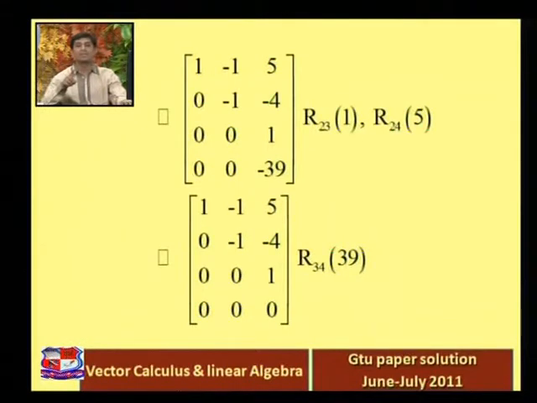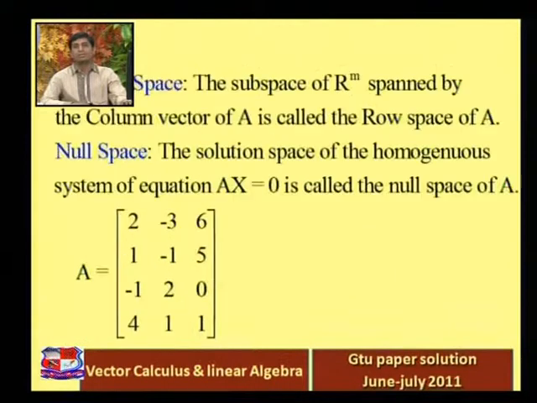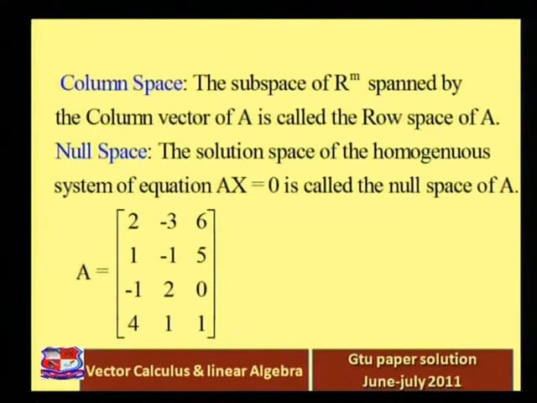So in first, second and third column we have leading entry. So these three column vectors 2 1 minus 1 4, minus 3 minus 1 2 1 and 6 5 0 1 are the basis for the column space of the given matrix A.